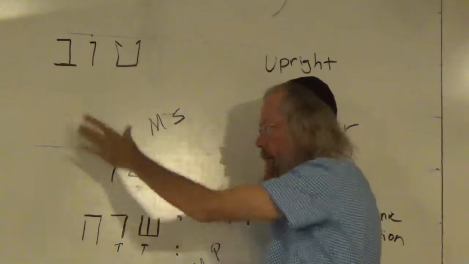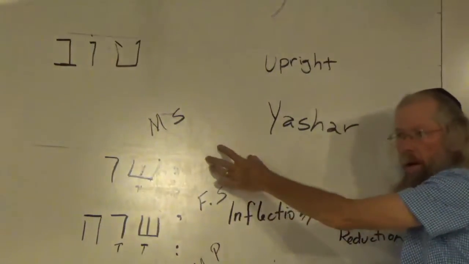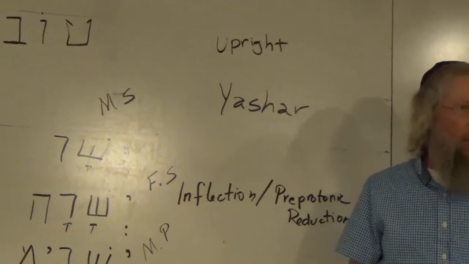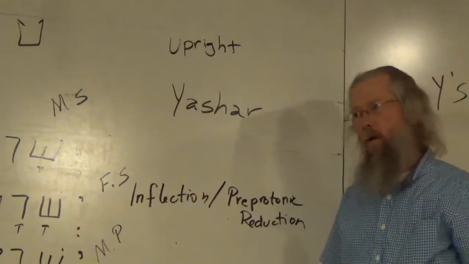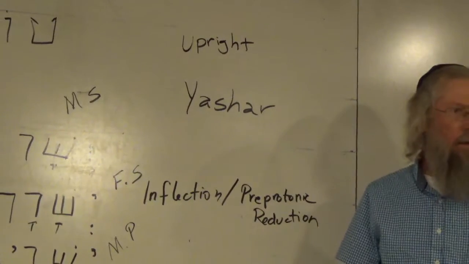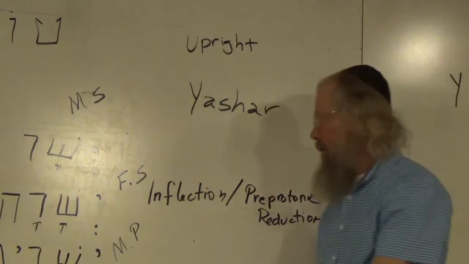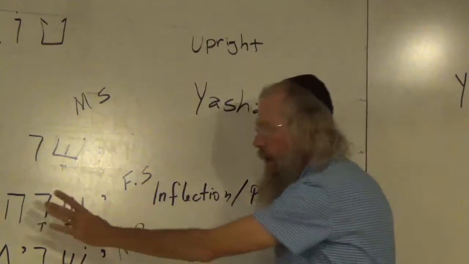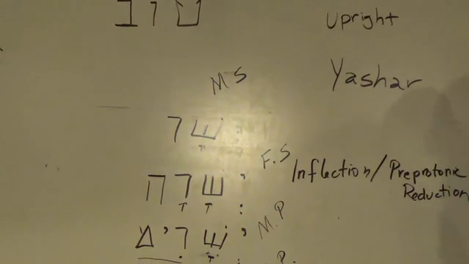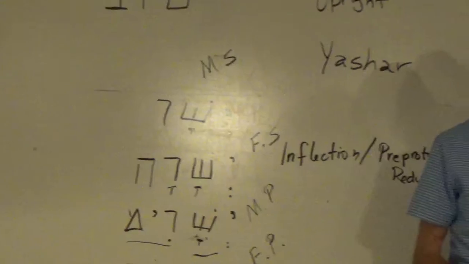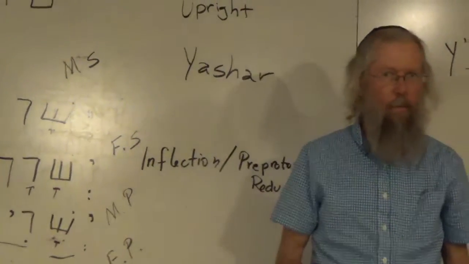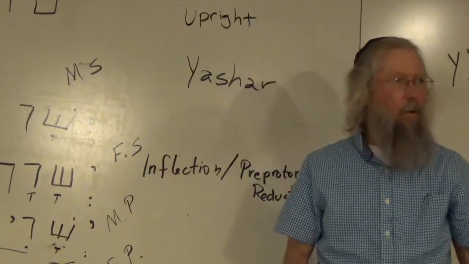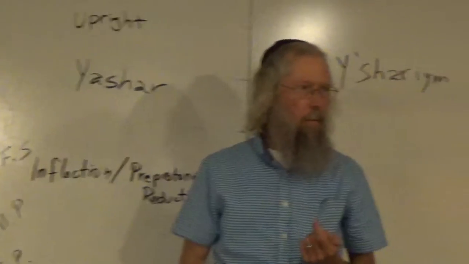Now on some adjectives, there is a change to the vowels at the beginning and at the end. So you have inflection by pre-tonic reduction, and inflection by gender and number, by plurality.